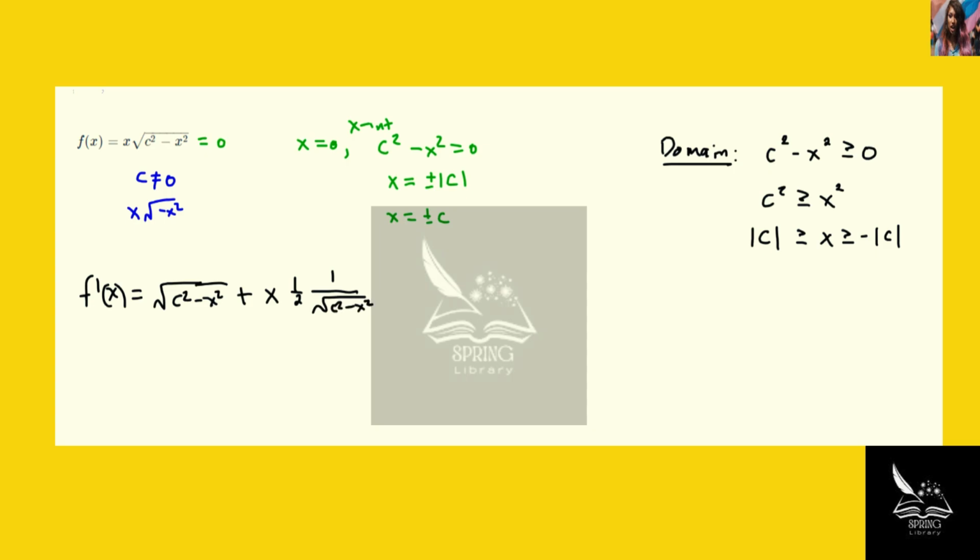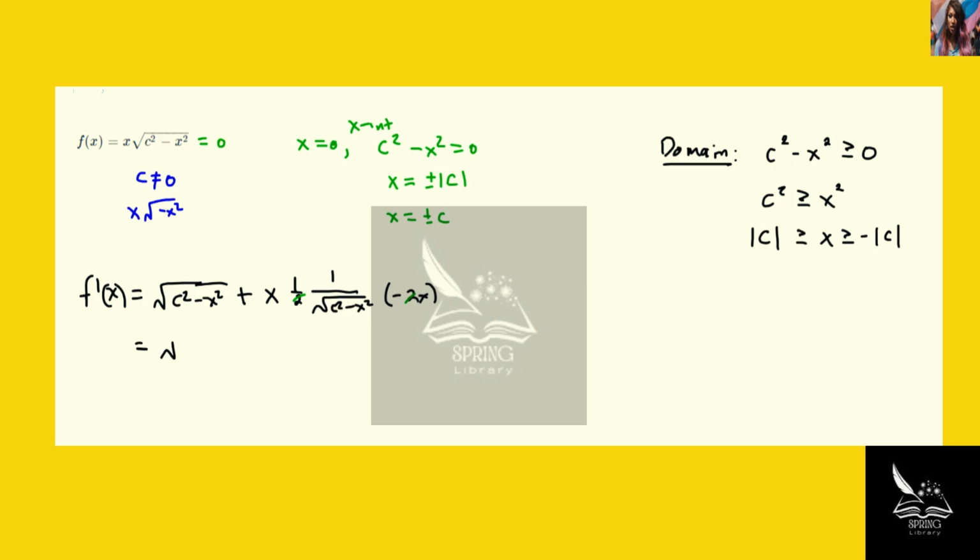Then we take the derivative on the inside, which is going to be, well, the derivative of c² is 0, and negative x² becomes negative 2x. Notice these 2s can cancel out, and those x's just become x².